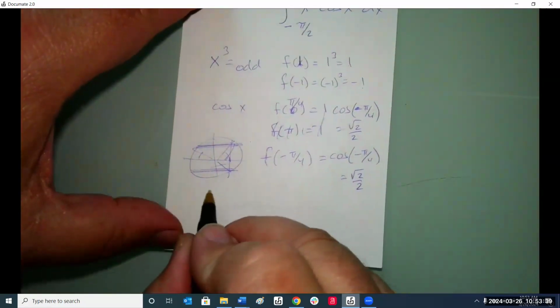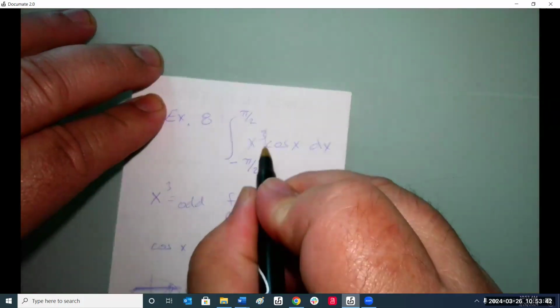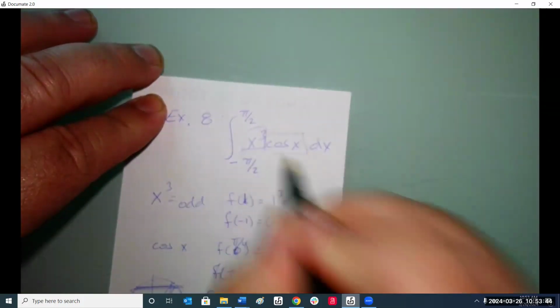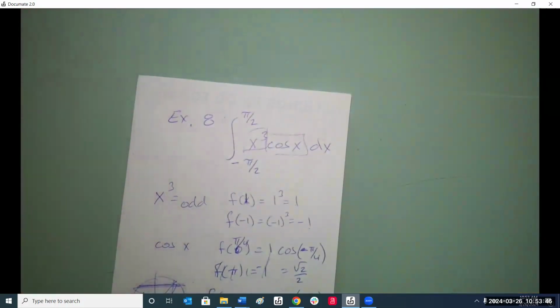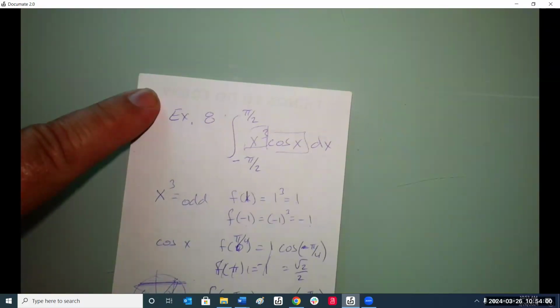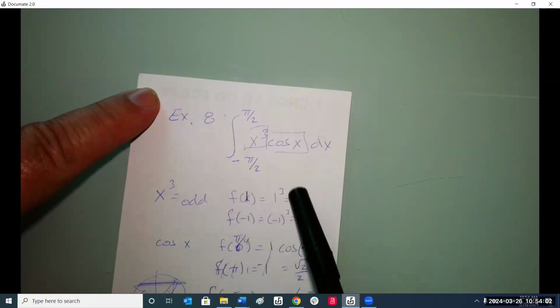So now, since we have an odd function and an even function, the product of which will always be an odd function. If it's an odd function, what that means is if I change the signs, I change the numbers.